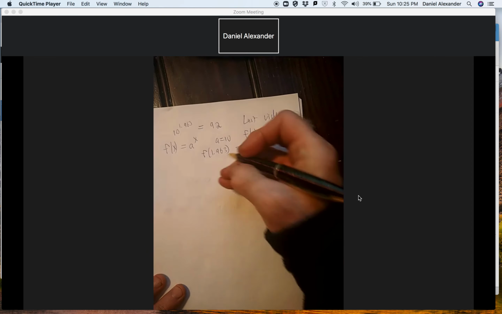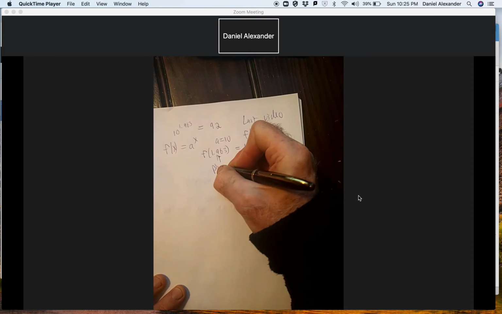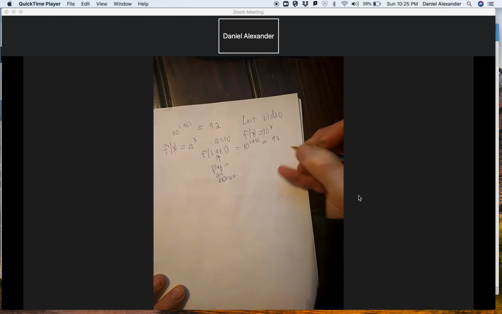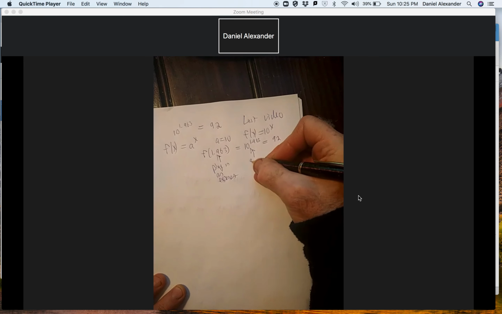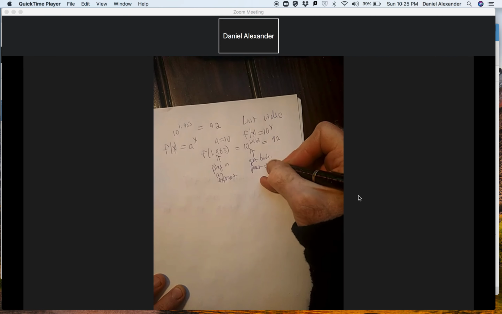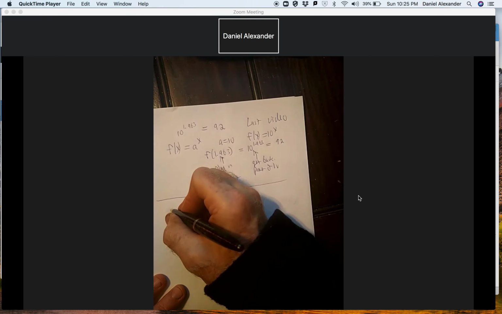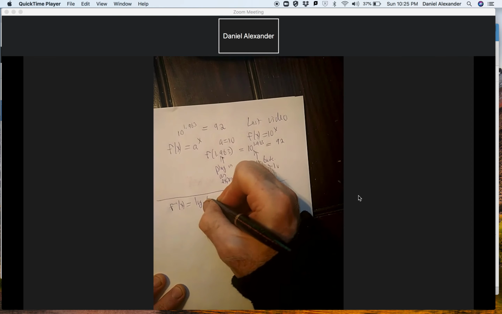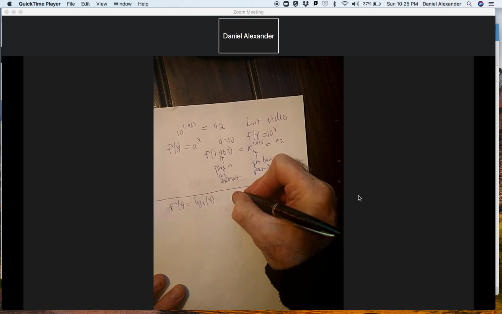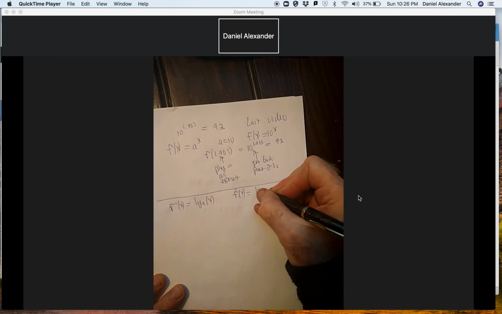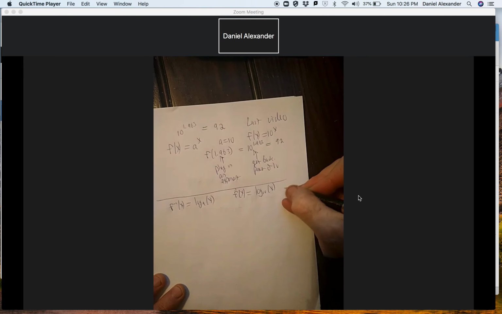So what happens to this function is you plug in an exponent, and you get back a power of 10. We have the inverse, and that's going to be the log base a of x. So in our example, f inverse of x is going to be the log base 10 of x, and that's often abbreviated just as the log of x.